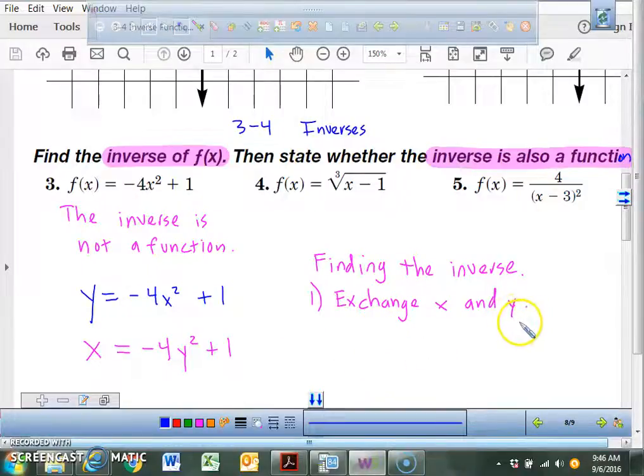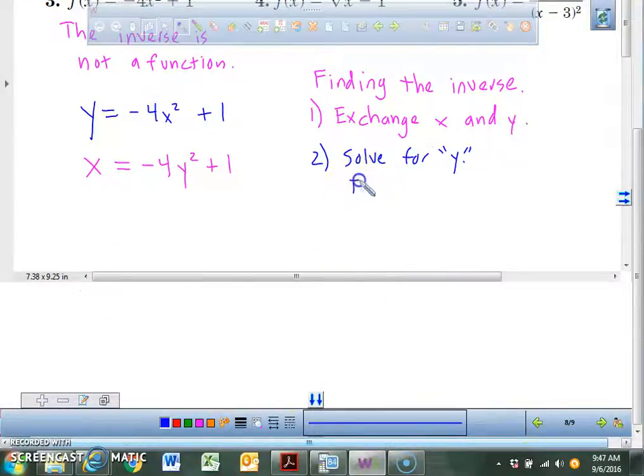After you've exchanged the x and the y, what you have to do now is solve for your y variable. So you need to isolate the y. If we look at this, how do we isolate the y?